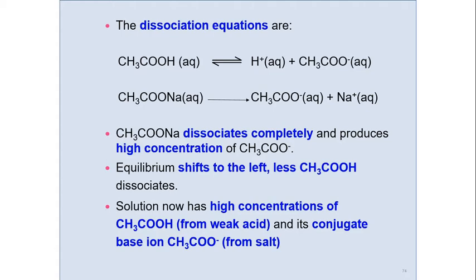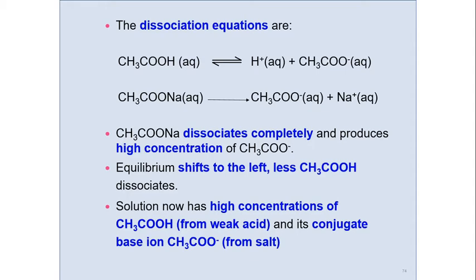Concentration CH3COO- sangat tinggi, so dia akan menyebabkan the first equation tu akan shift to the left, shift ke arah reaktan balik dan menyebabkan CH3COOH less dissociate. Maksudnya CH3COOH yang dissociate kepada CH3COO- akan patah balik jadi CH3COOH semula.